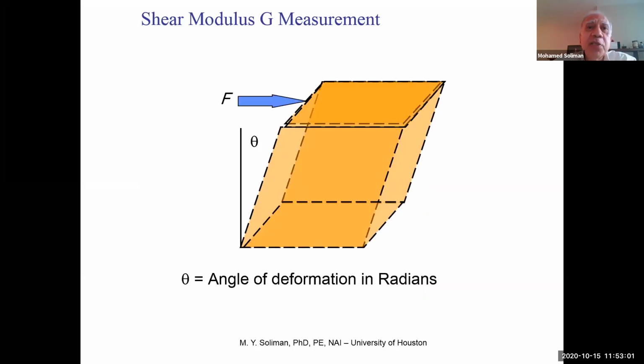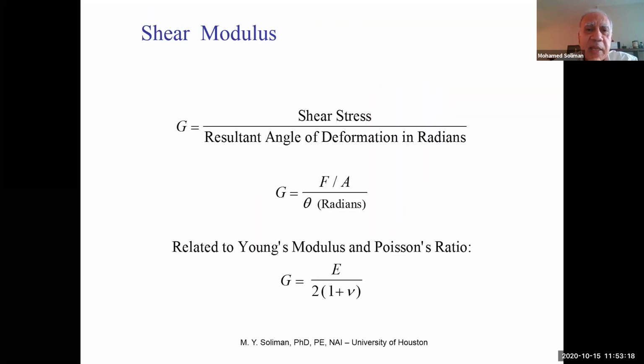Then you have shear modulus. Shear modulus is basically the deformation. If you apply a shear force, it will deform the rock by an angle theta. Shear modulus would be shear stress divided by this angle in radians, not in degrees.